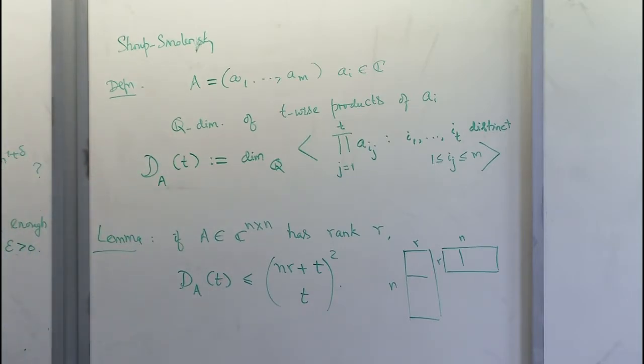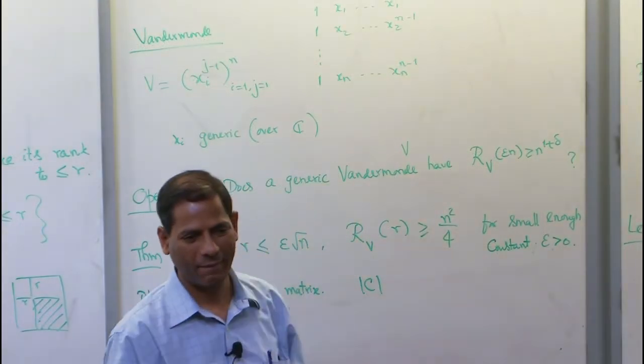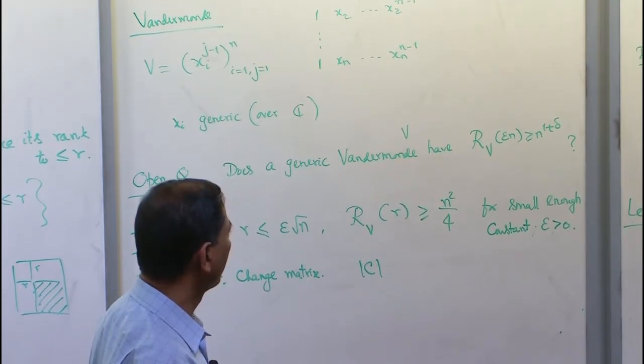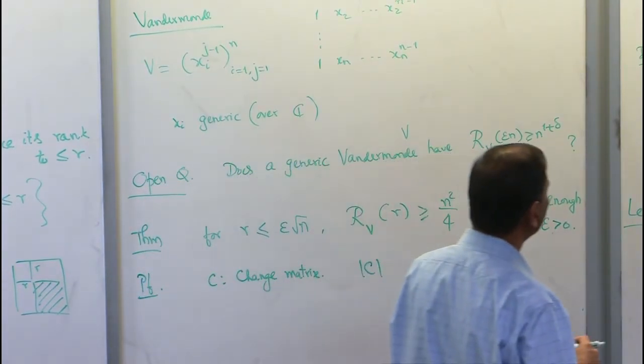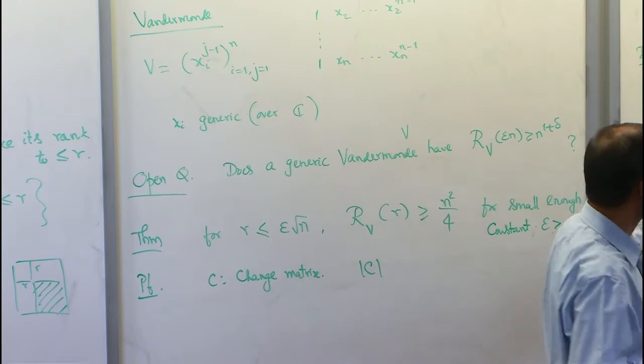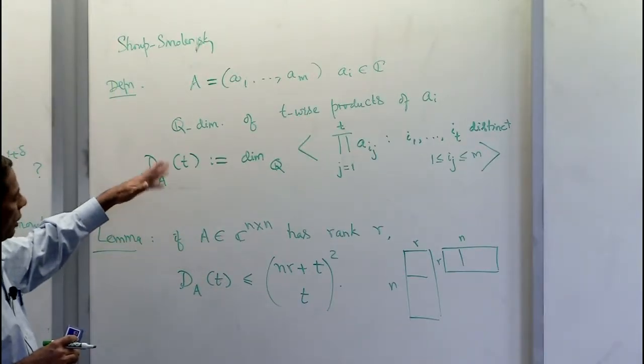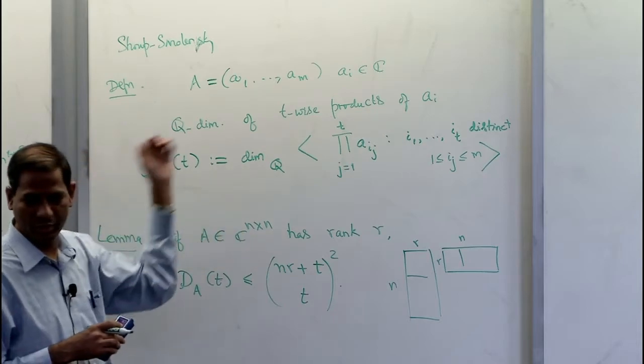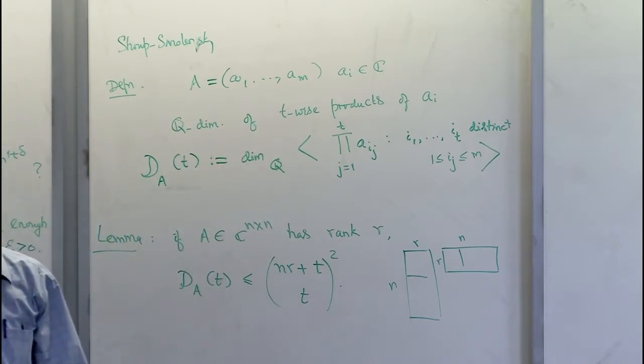And now it's very easy to prove this. So how do we prove this? Suppose C is the change matrix. You define this dimension for a vector A, which is the entries of the matrix written in some order, with m equal to n squared.